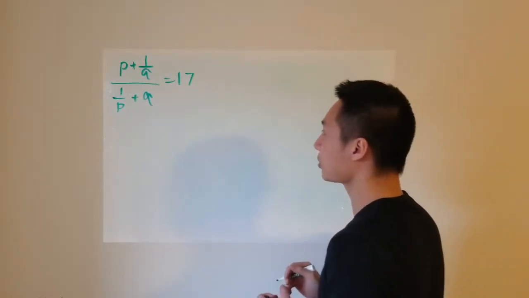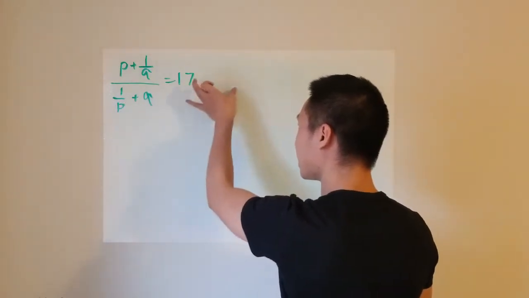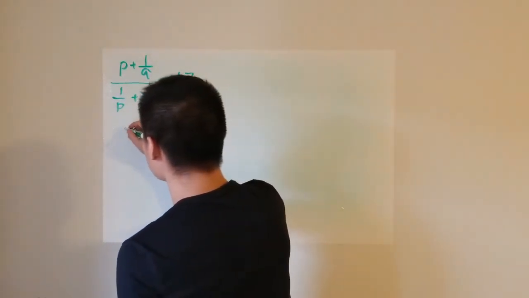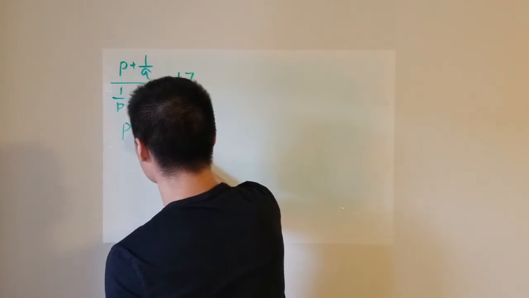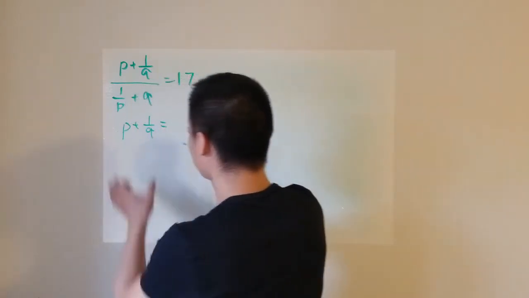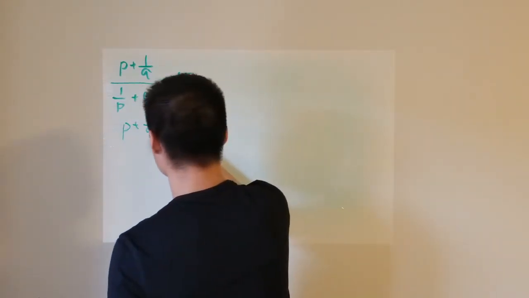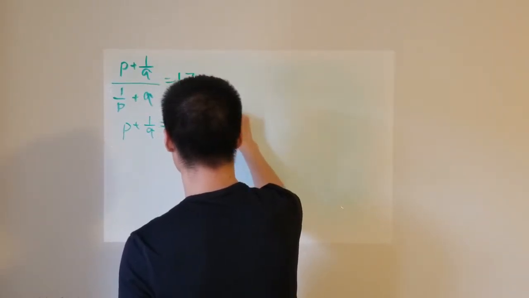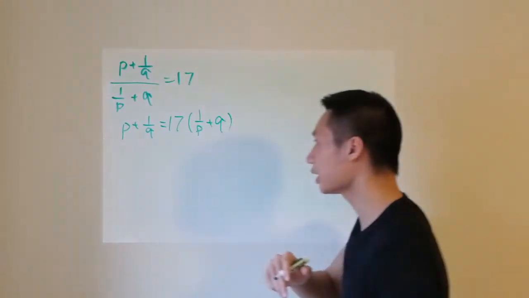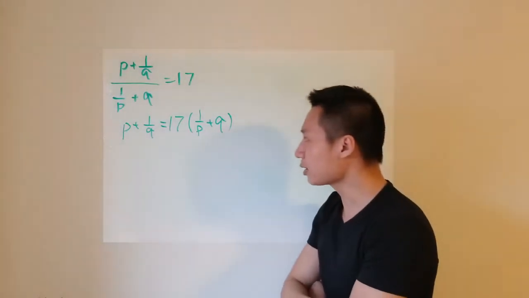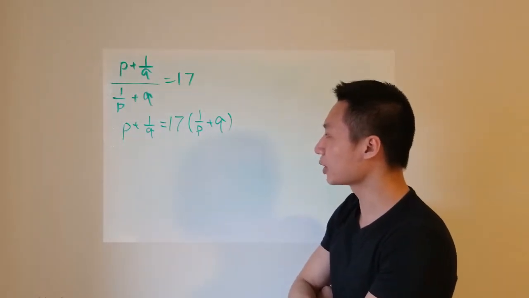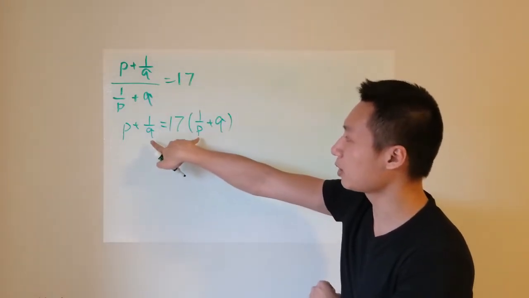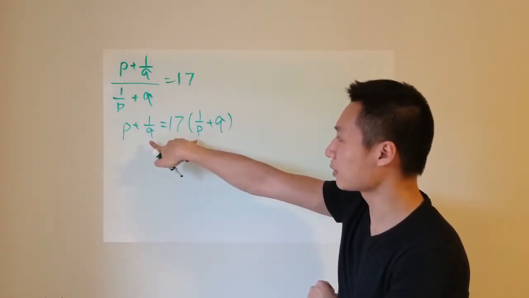So let's try to simplify it by moving the denominator to the other side. On the left side, we still have p plus 1 over q, the numerator, and I'll move this to the other side, so this becomes 17 times 1 over p plus q. We have gotten rid of the big fraction, but we still have two smaller fractions that we have to deal with.